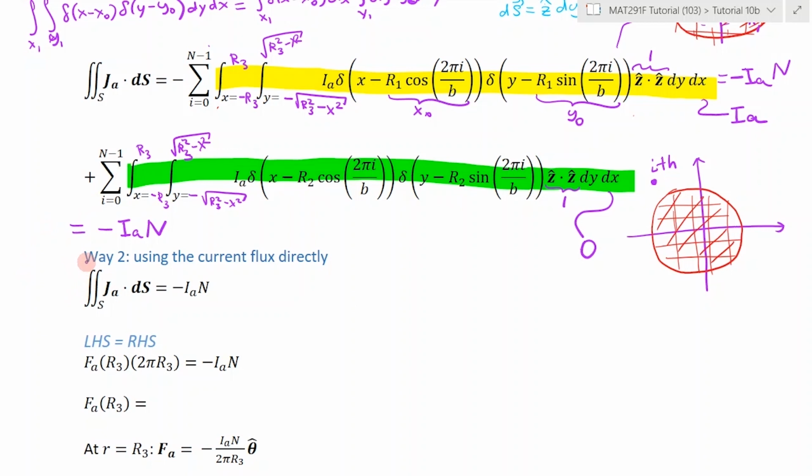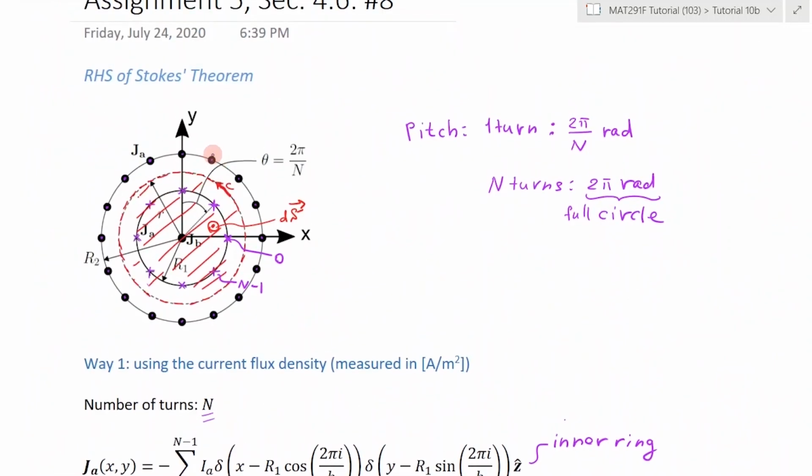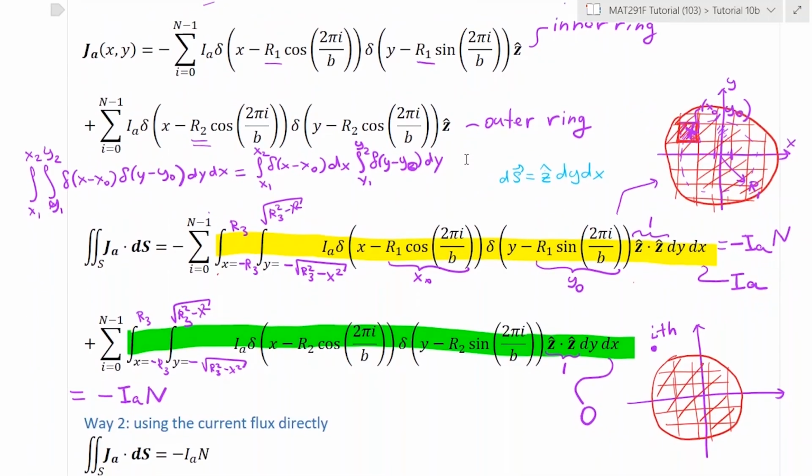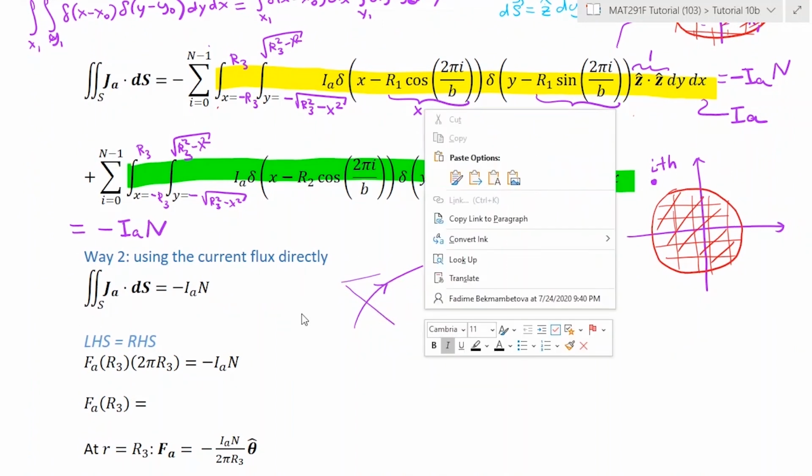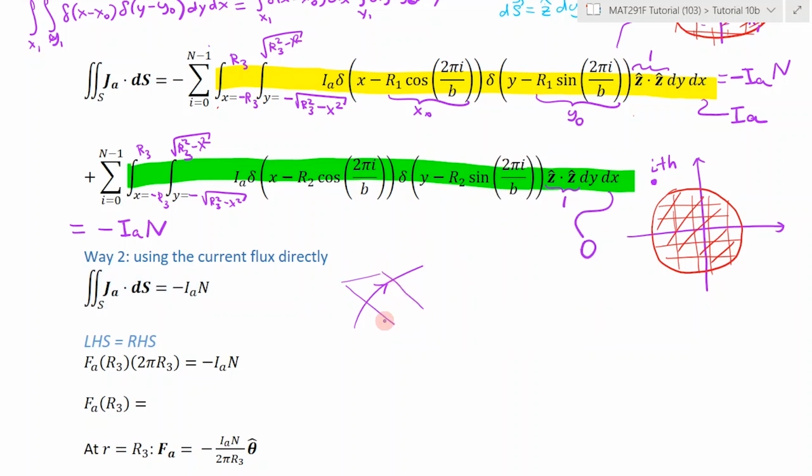Now, the other way to evaluate the right-hand side is to use the current flux density directly. How do you do this? We know that the current flux in the wire is IA. It means that, let's say we have this wire, and let me draw a nicer picture here.